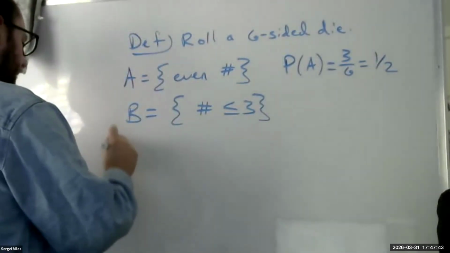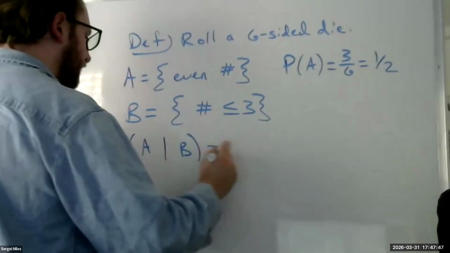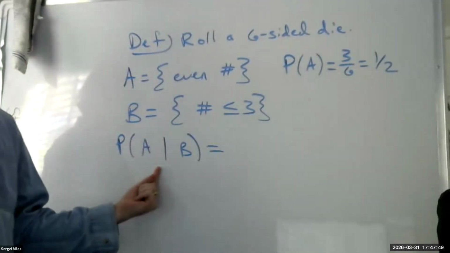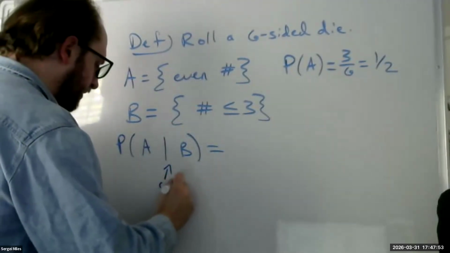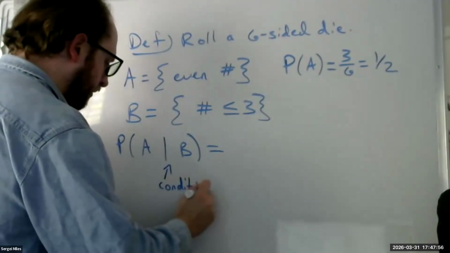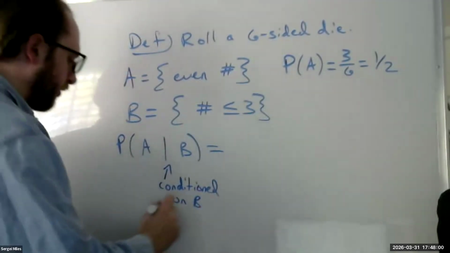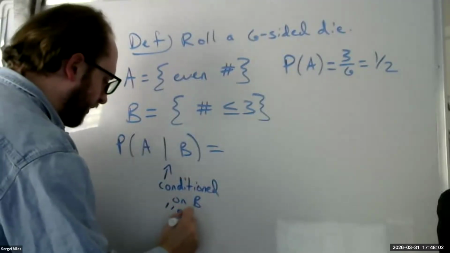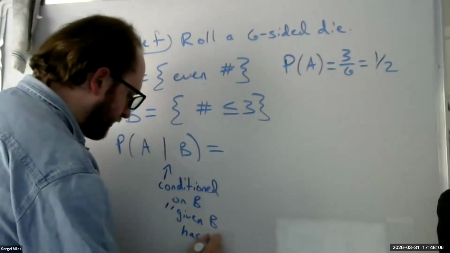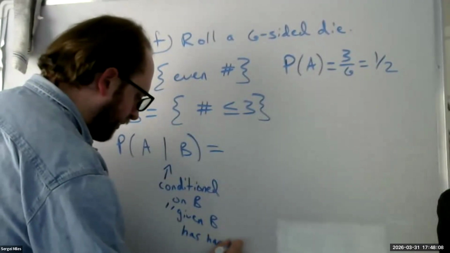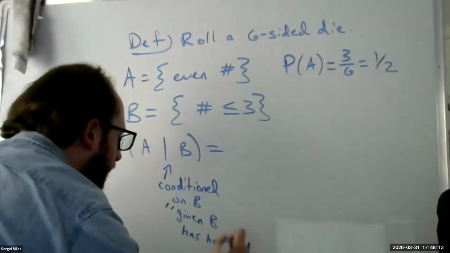But if I try to find the probability of A conditioned on B, so this is our notation for conditional probability, this is conditioned on B, or in other words, you could say this is given B has happened already.